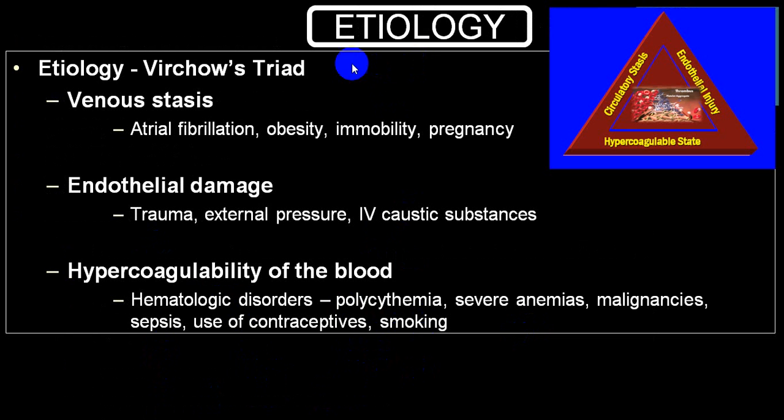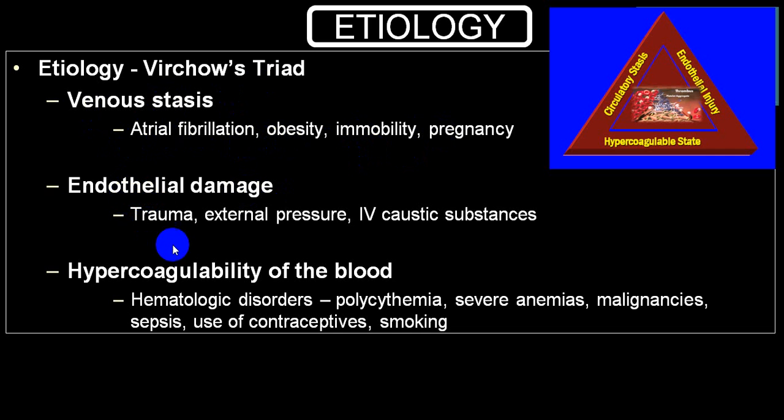If we go to the etiology, we call it Virchow's triad. That is because of venous stasis, classical examples being atrial fibrillation, obesity, immobility, pregnancy, etc. We'll be going through some other causes also.